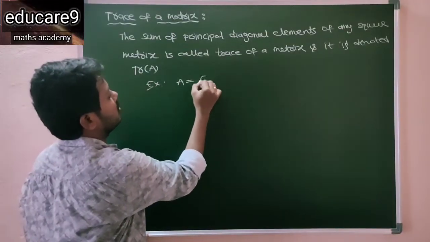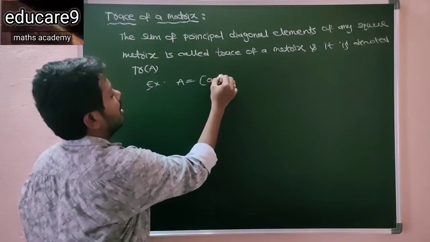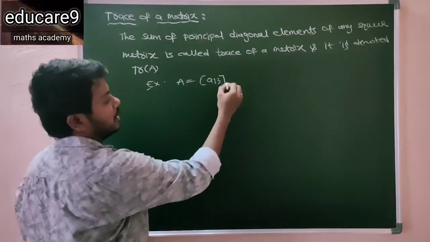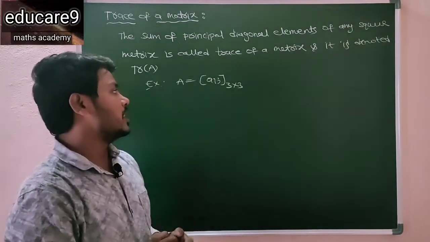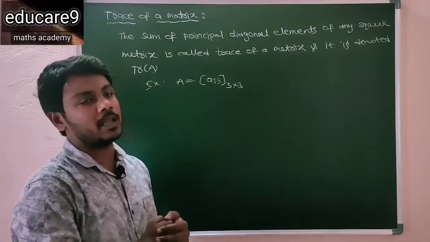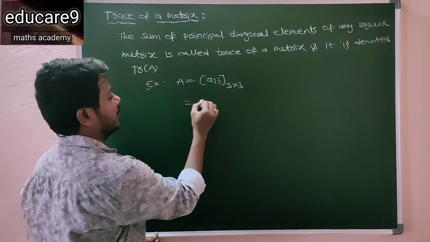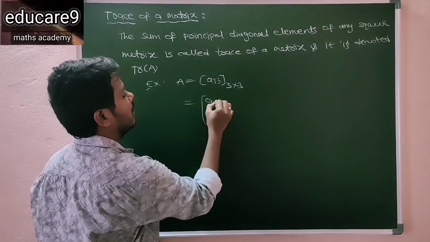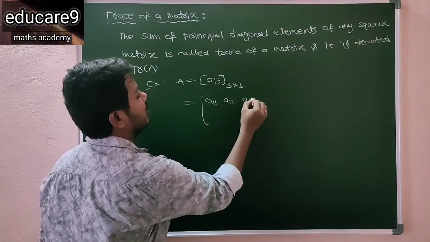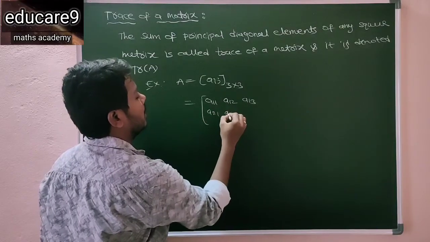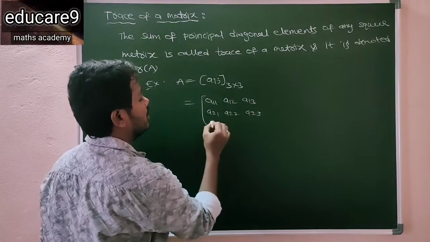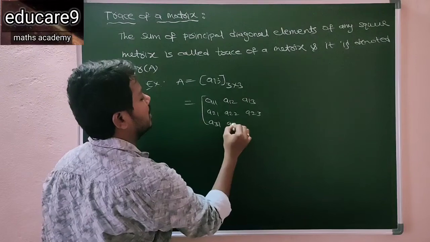For example, A equals Aij, whose order is 3 by 3. See here, the number of rows is equal to the number of columns. Therefore, clearly this is a square matrix. Now this can be written as A11, A12, A13, A21, A22, A23, A31, A32, A33.